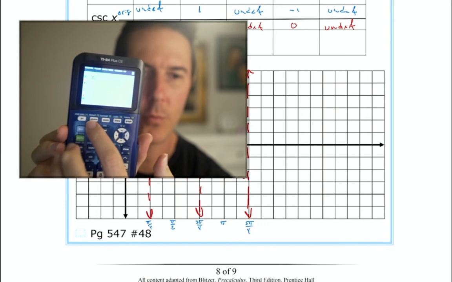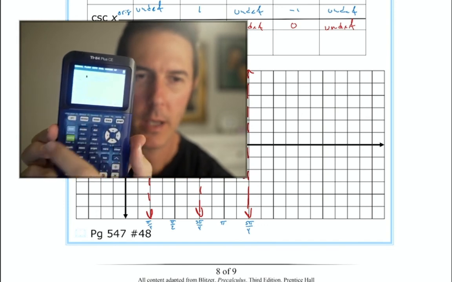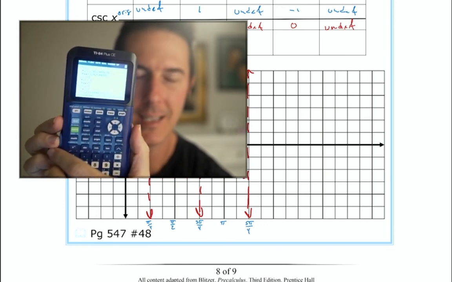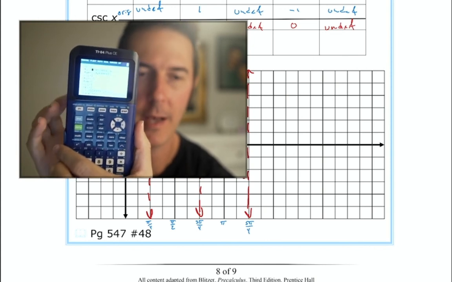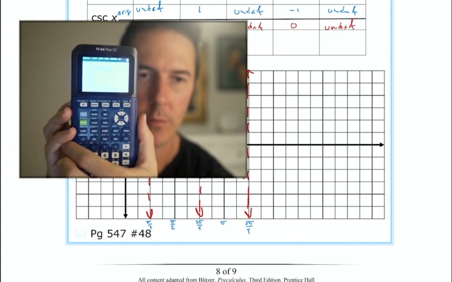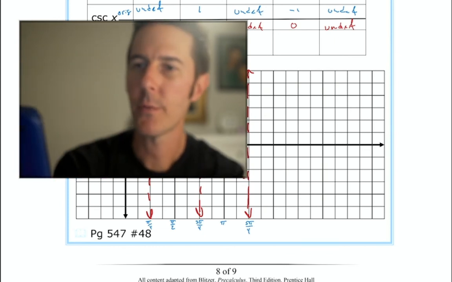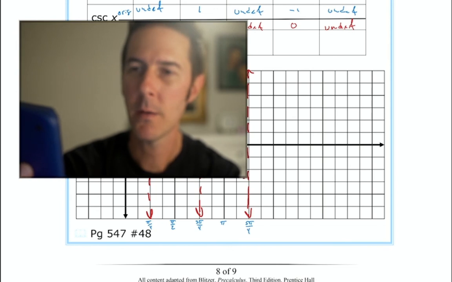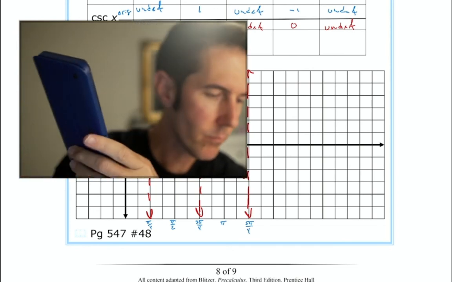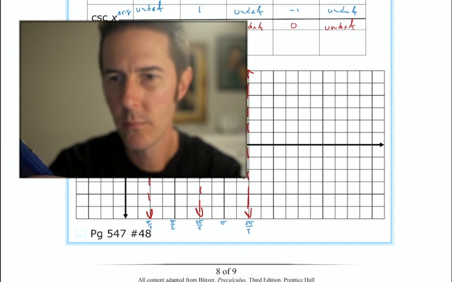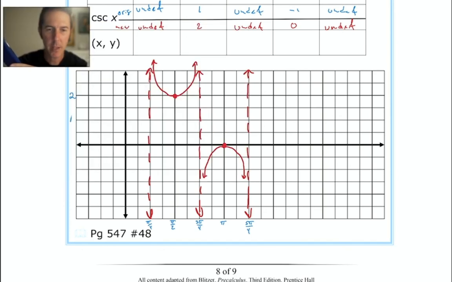And then I used this window button right here, and when you go into here, it allows you to modify the size of the window when you do your graphing. If you don't have experience with this, I recommend that you try it. I set my x-min equal to positive pi over 4, and my x-max to positive 5 pi over 4.